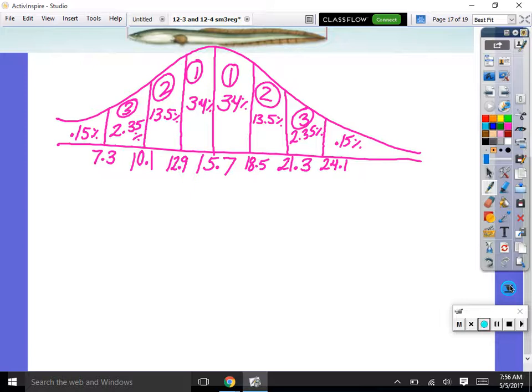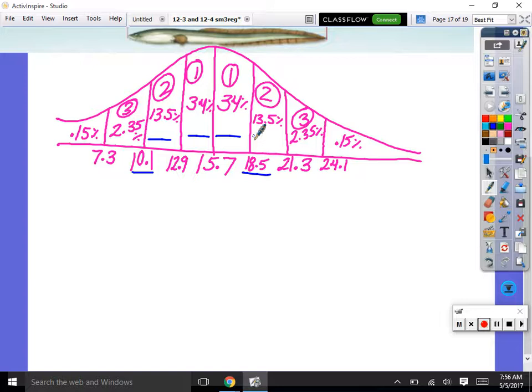Does that make sense? So once again, if I said to you, how many eels can you expect to be between 10.1 inches in length and 18.5 inches in length? Isn't that this one, and this one? That's what we can expect, right? That much percent of those. So does everybody see how we do that? We'd add it up.